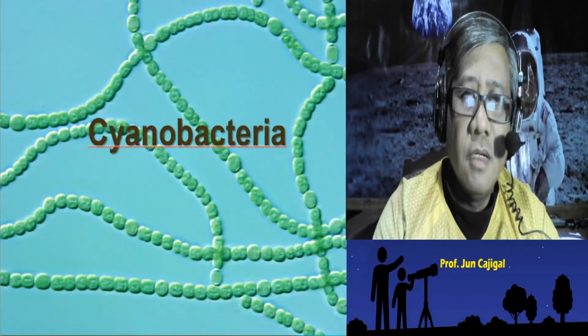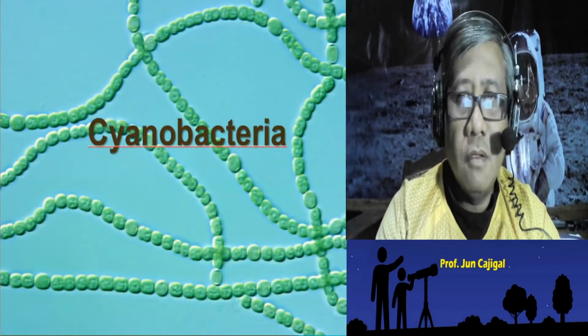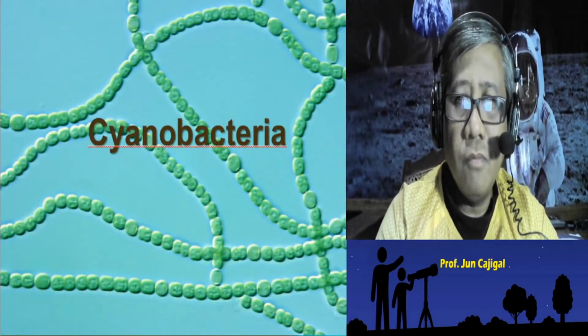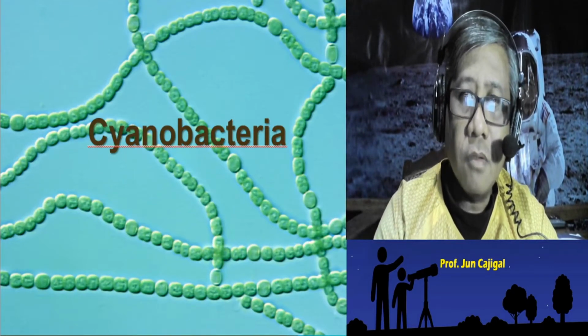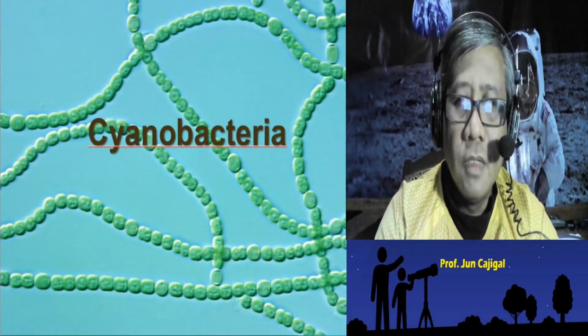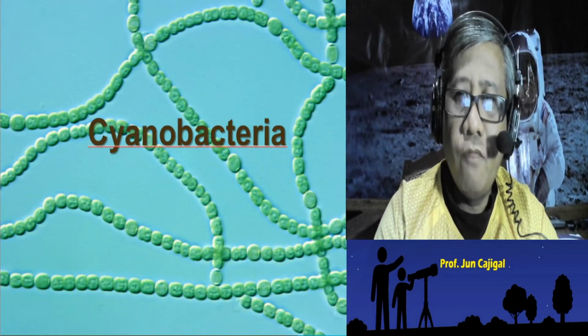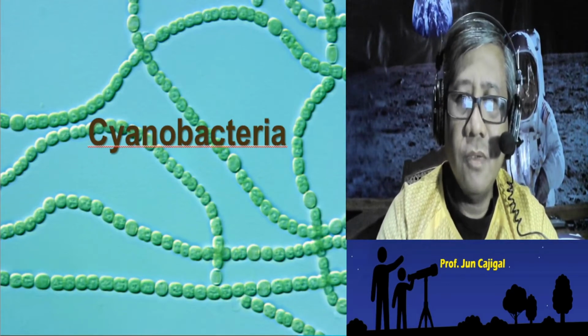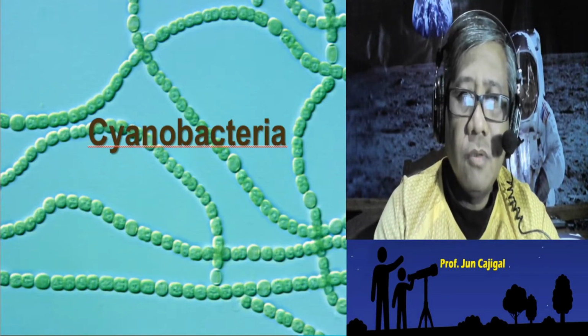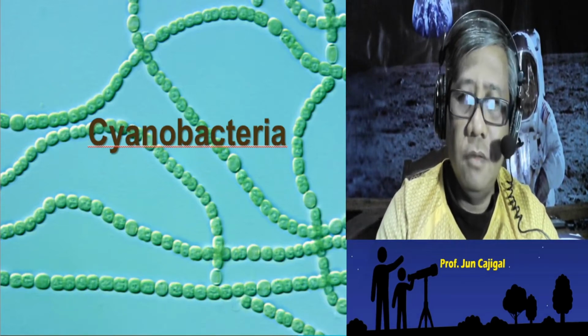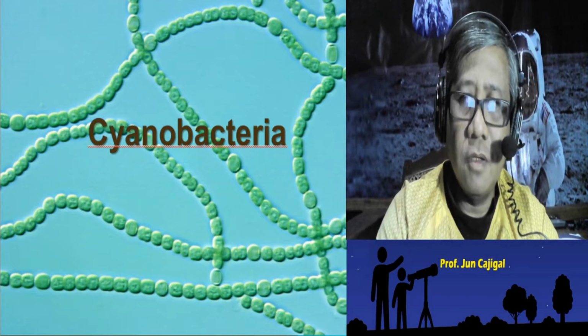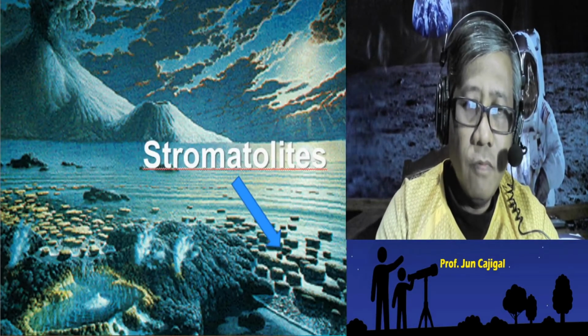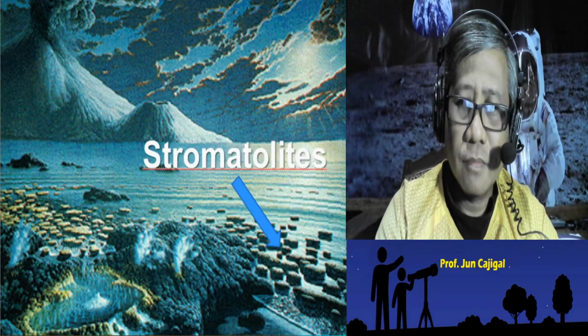And these cyanobacteria were able to emit oxygen because we know that a byproduct of photosynthesis is oxygen. The fossilized remains of these cyanobacteria are in the form of stromatolites.